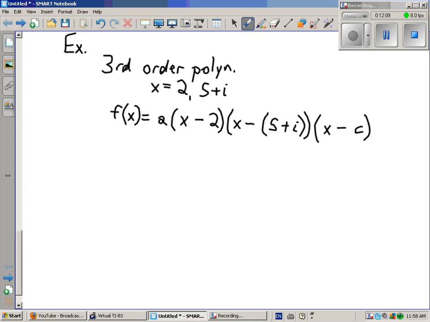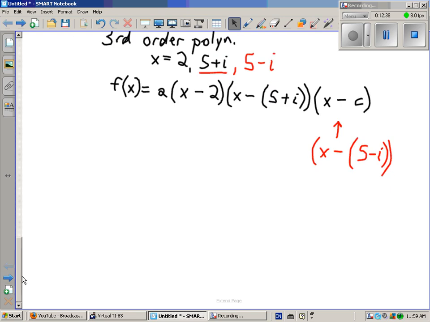But by the complex conjugate theorem, we know that if we have 5 plus i, that means our next zero has to be 5 minus i. So that gives us this last factor, x minus (5 minus i), without really having to calculate anything. Again, it automatically tells us one if we have the other.